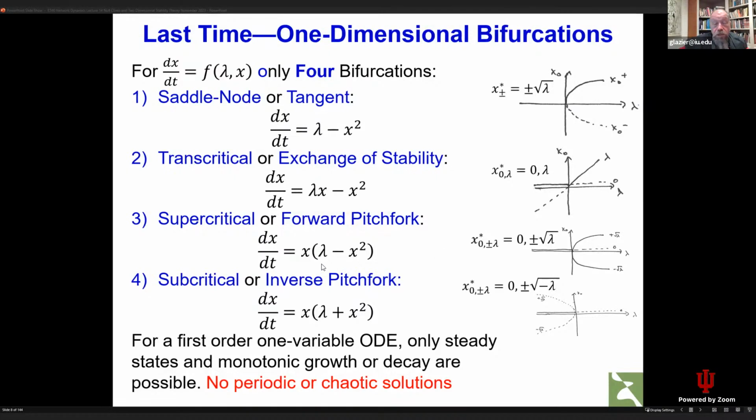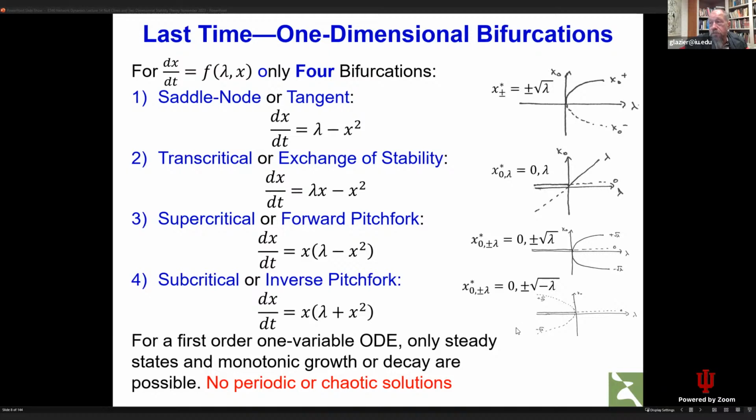Notice this is of order x cubed, which we have a single stable fixed point on the left that splits, just like the tangent bifurcation, into a stable and another stable fixed point, again along the parabola. And the initial stable fixed point at 0 becomes an unstable fixed point along 0 as well. And has the shape of a pitchfork, which is why it's called a pitchfork bifurcation.